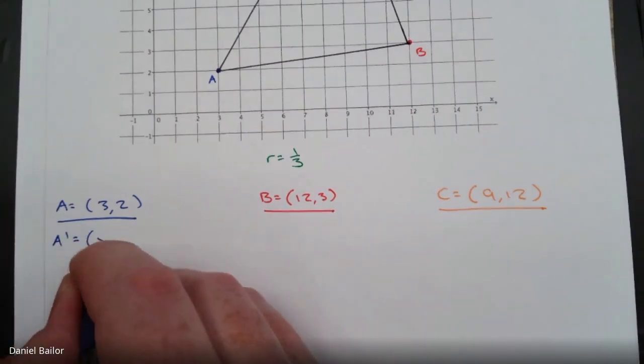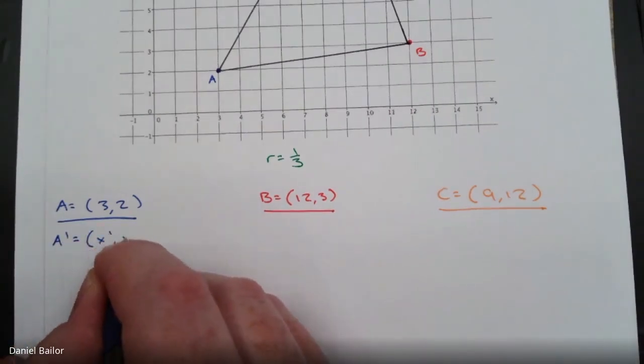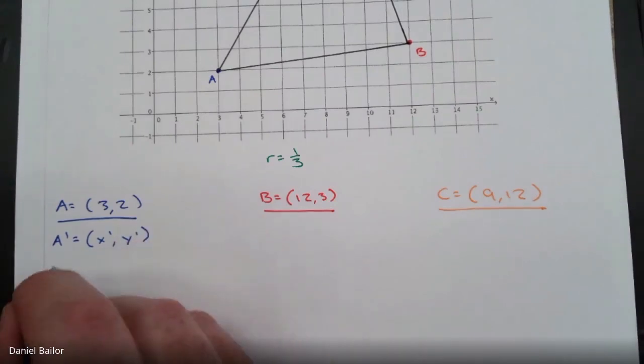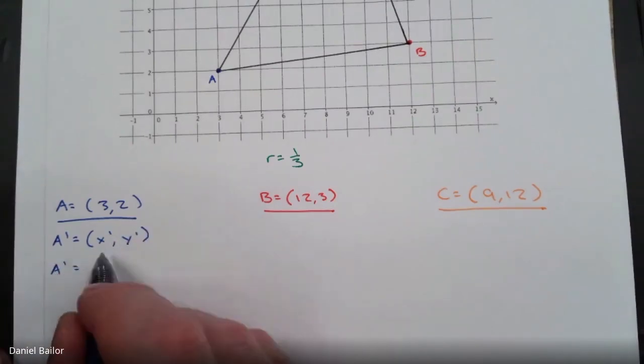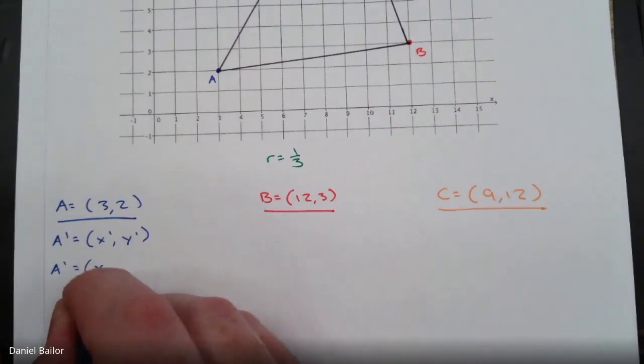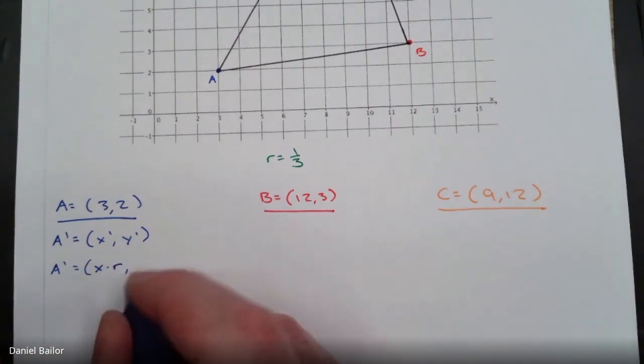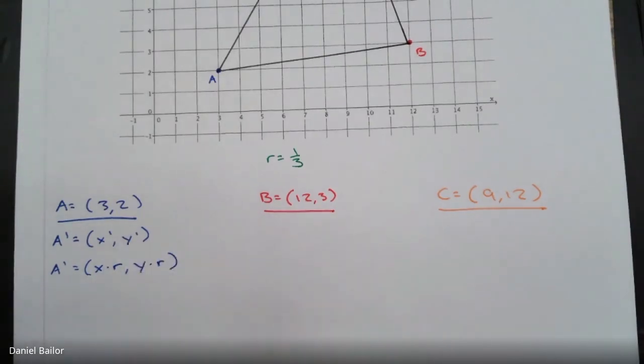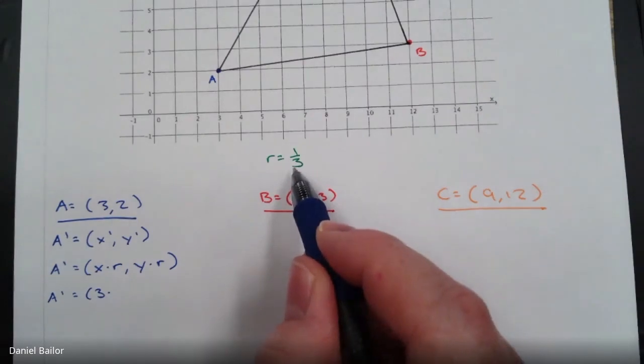A prime is going to be the new x and the new y, x prime, y prime. We find x prime. Remember the dilation equation. We do the original times the scale factor. And y prime is also the original y times the scale factor. And now we just substitute what we know. We know x was 3, and we know r, they told us in the directions, is 1/3.